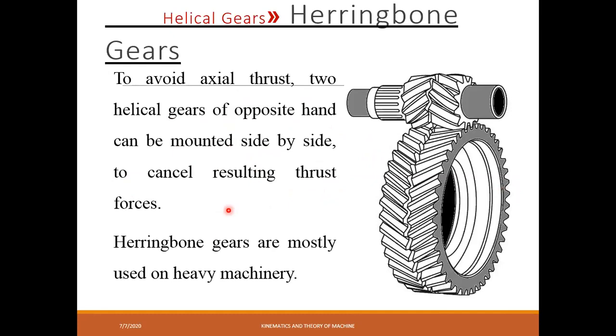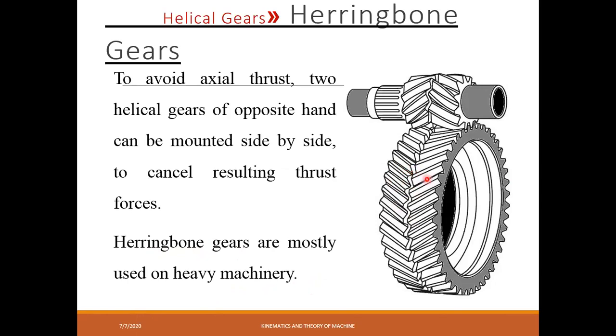Right? So herringbone gears are mostly used on heavy machinery. To avoid the axial thrust load, we mount two helical gears having the same helix angle but opposite direction side by side.